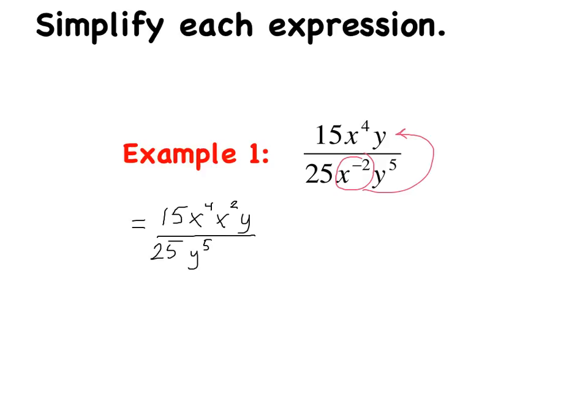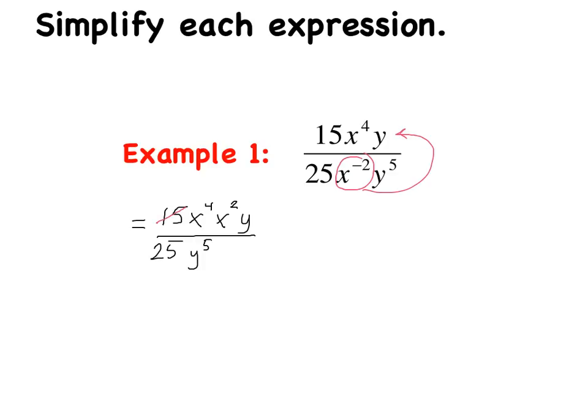And now I just simplify any like terms. Numbers are like terms, and then common bases are like terms. Okay? So we've simplified kind of horizontally, and then we'll simplify vertically. So again, looking at my numbers here, 15 and 25, we should recognize they each have a 5.